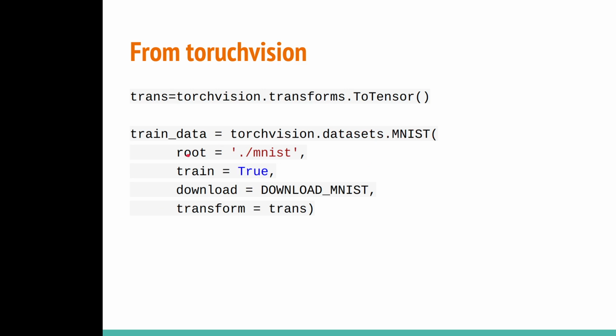We can load the data set inside this directory, so that if the data is not available in this directory, the data loader will load the data from the web for you automatically if download is equal to true. And we can specify some transform function here.